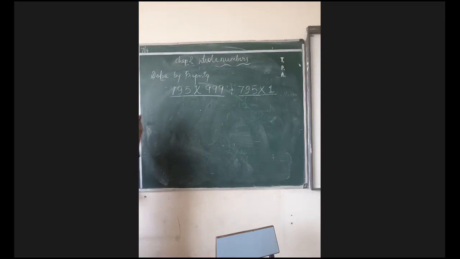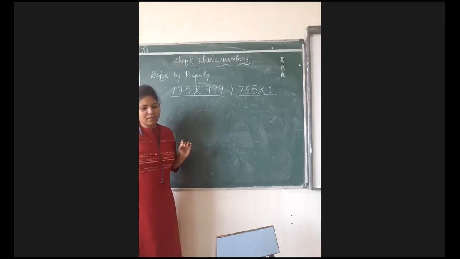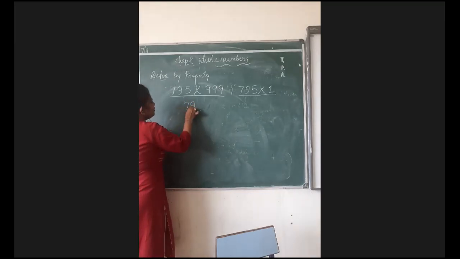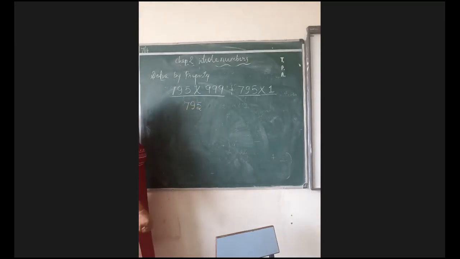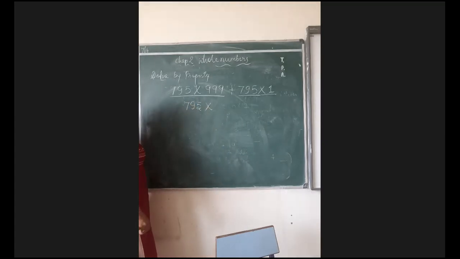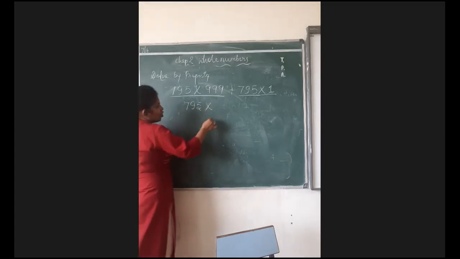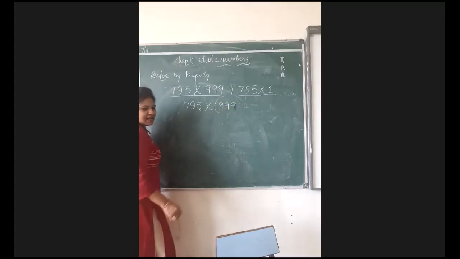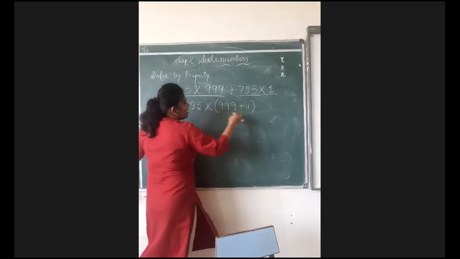Now can you tell me what you can take out common here? 795, and the sign of multiply also. Now when you take out these two things common, what will be left over? 999, and then plus 1.